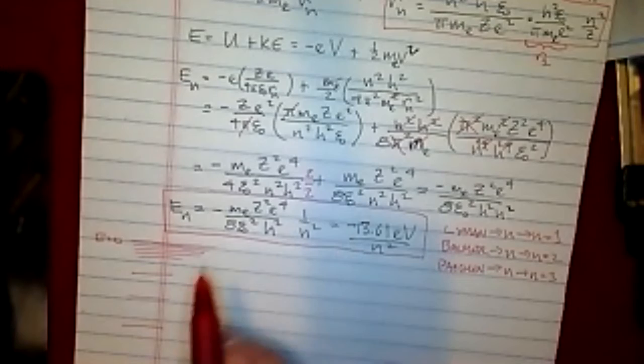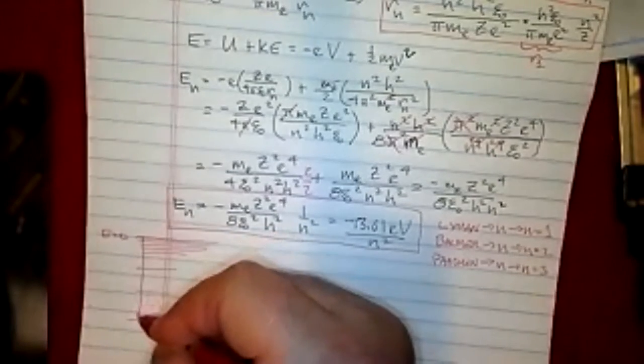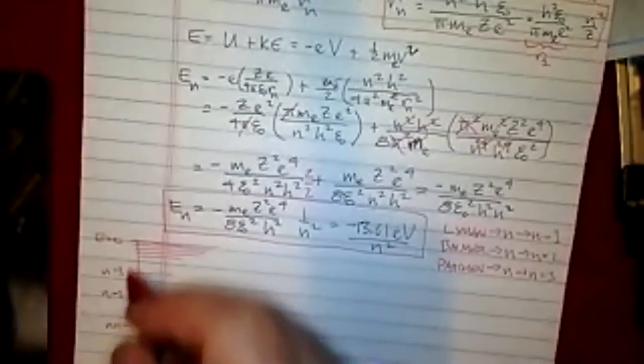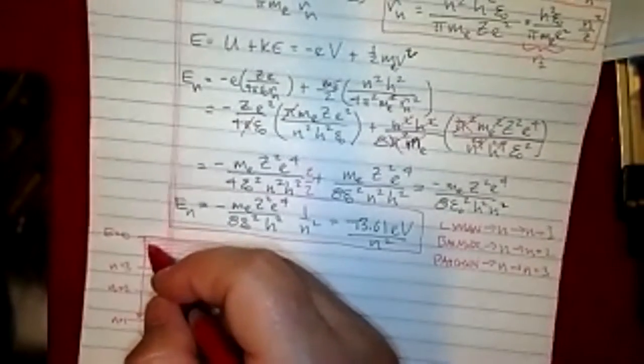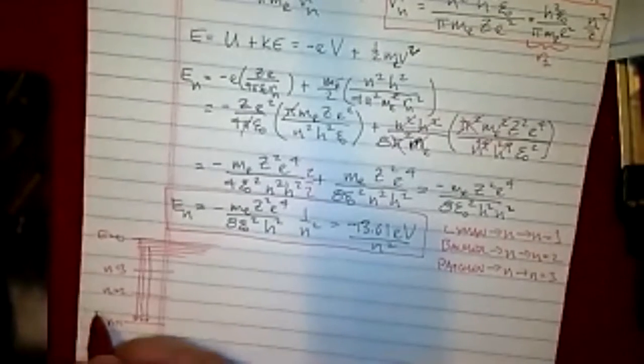That's why it's negative. These transitions, this is n equal 1, this is n equal 2, and this is n equal 3. All the transitions that go from here to here to here, those are all the Lyman series.